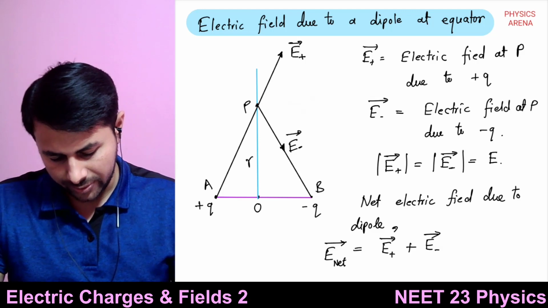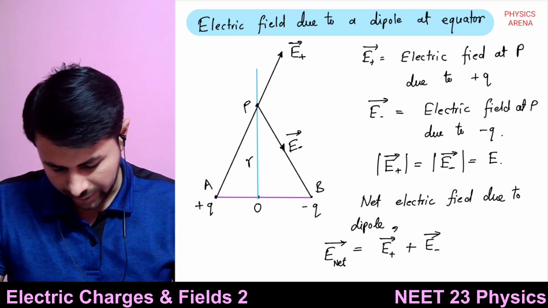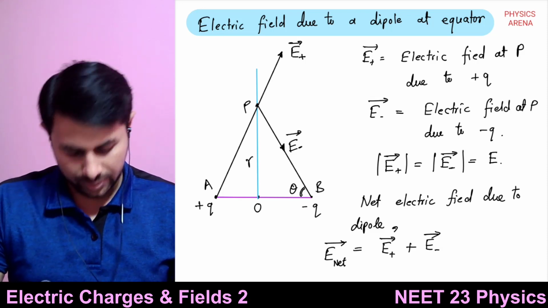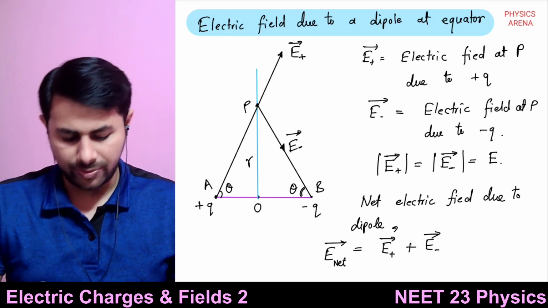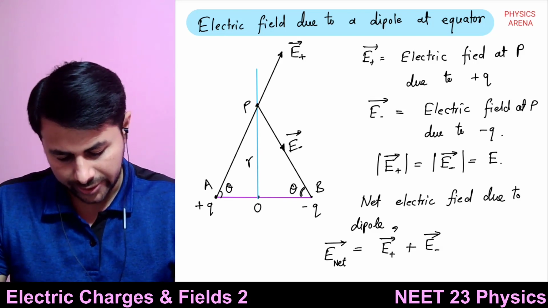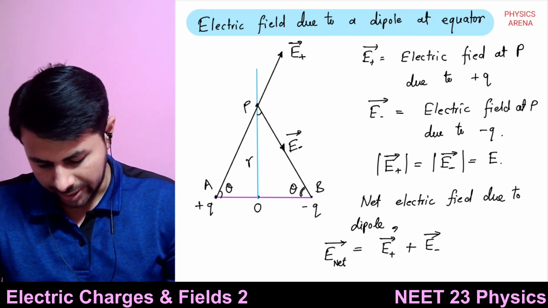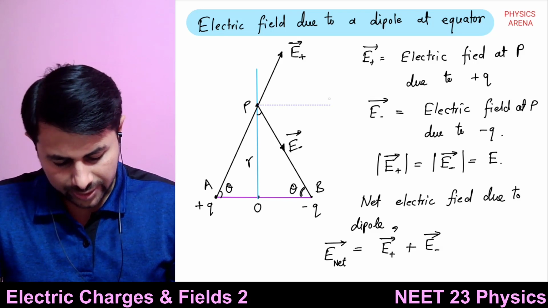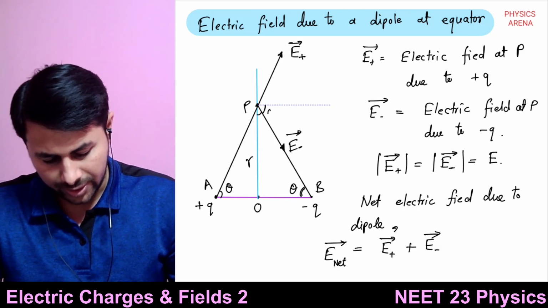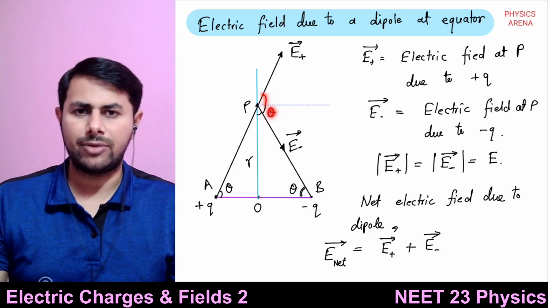For that, we'll consider that this angle is equal to theta. This angle will also be equal to theta, because the two triangles are congruent, and this will be 90 minus theta. Since this is 90 minus theta, this angle is equal to theta, and since this is theta, this angle will also be equal to theta.